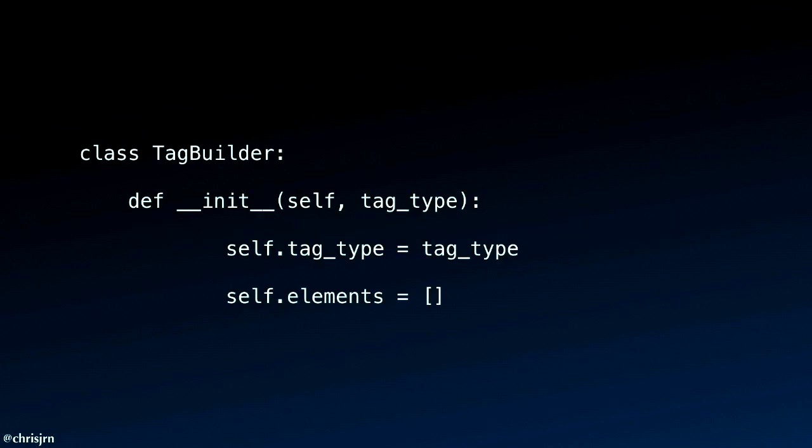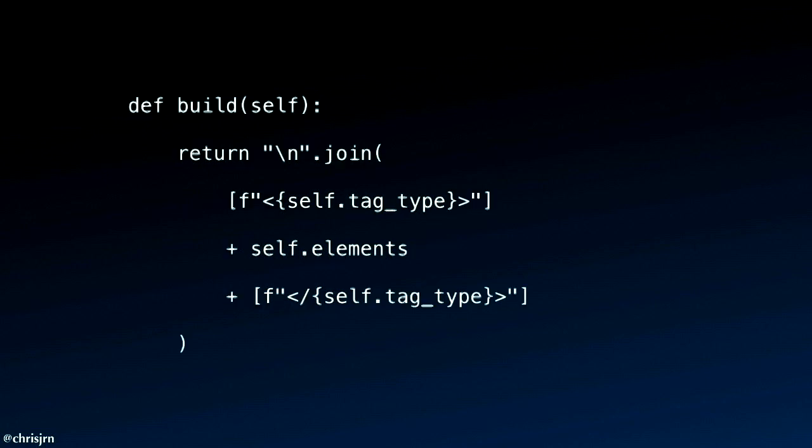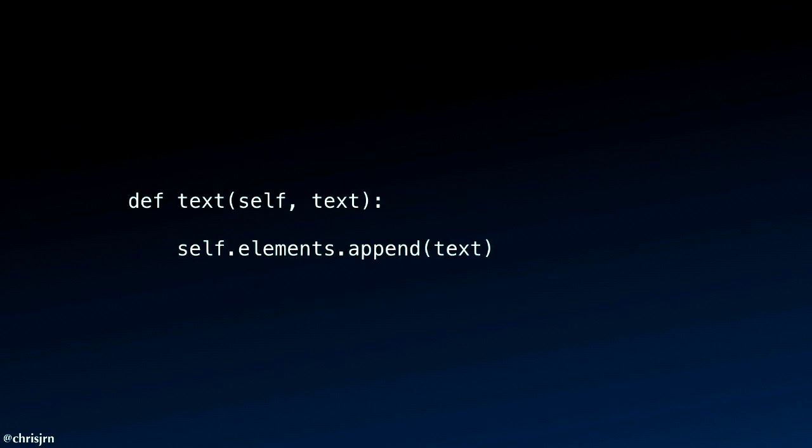Well, let's start by making a builder class. We're going to take a tag type as a string, and we're going to store a list of child elements. And because it's a builder, we need a build method that just outputs the HTML of that particular tag. This is a builder. So we're going to add a way to add some text to one of these tags. Just add an add text method, add some text, great.